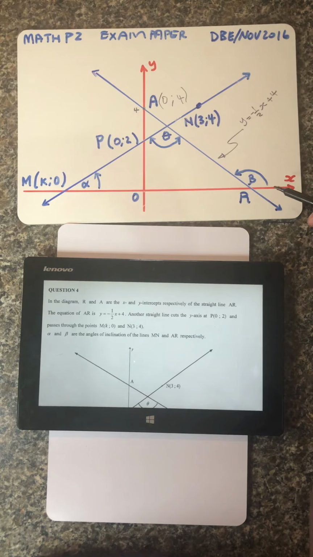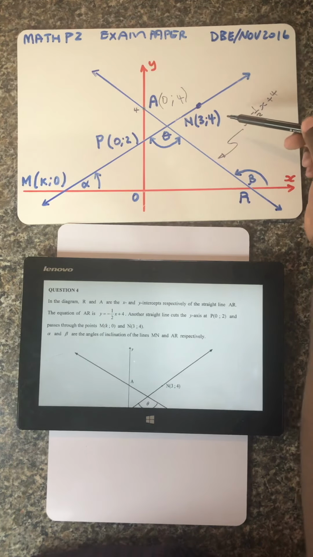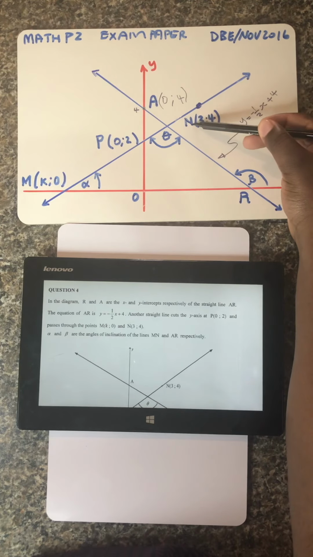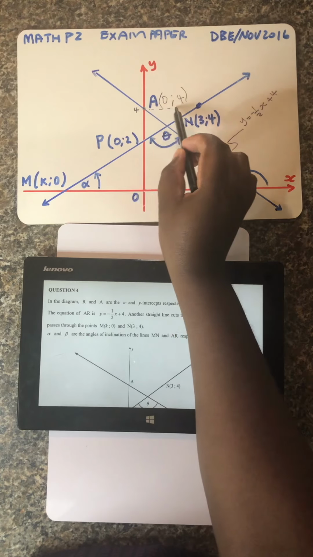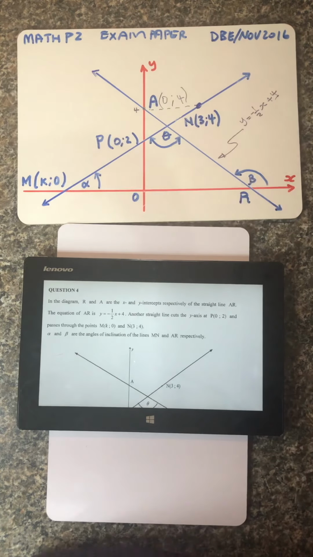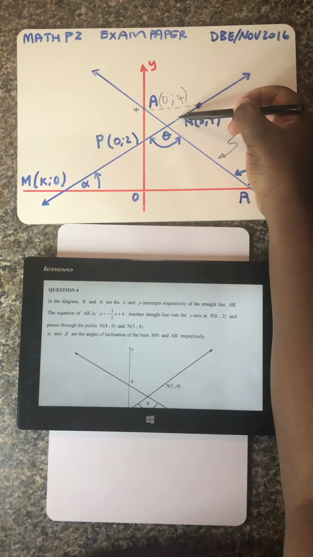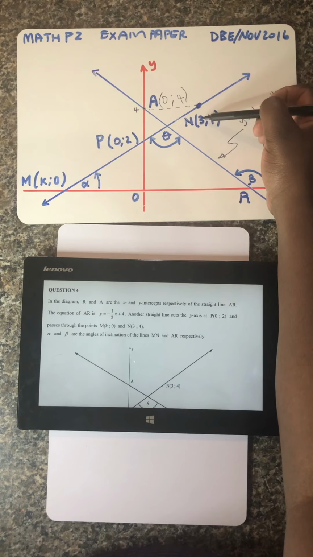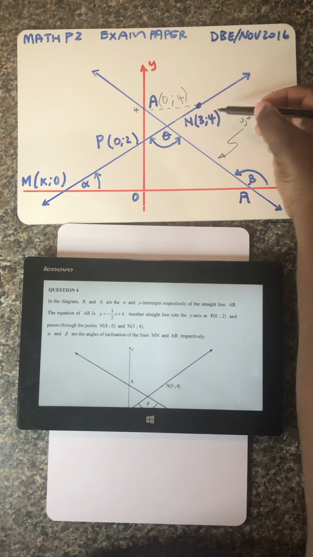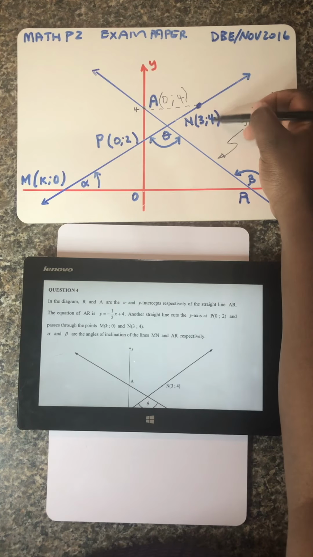It's because the y value for N is on the same line as that y-intercept of this straight line AR. I'm not really sure if it makes sense, guys. But if you remember, I had this point somewhere there, and we said our N is where x is equal to 3, and that's where y is equal to 4.